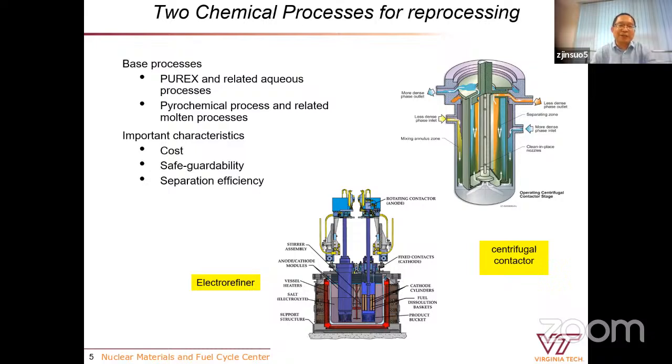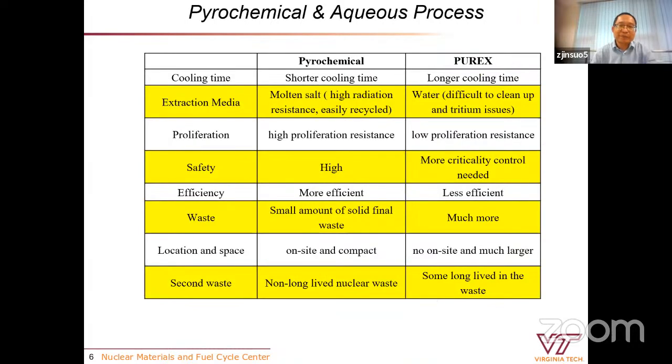So the self-guardability and the separation efficiency. We will discuss and compare these two processes to see what the benefits and the advantages or disadvantages of these two processes are. So this is a table I made for comparing these two processes.